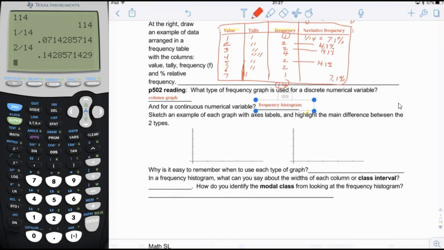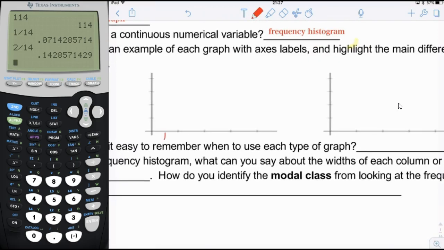You're going to have the IB scores written out across the bottom, and then the frequency of each one, with a little bar above it showing how many people got each score. In a column graph, we see the space in between each column.